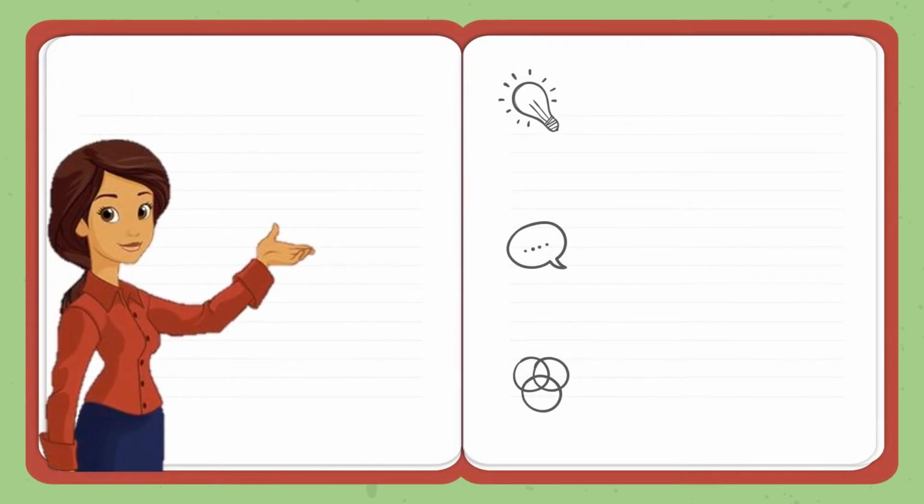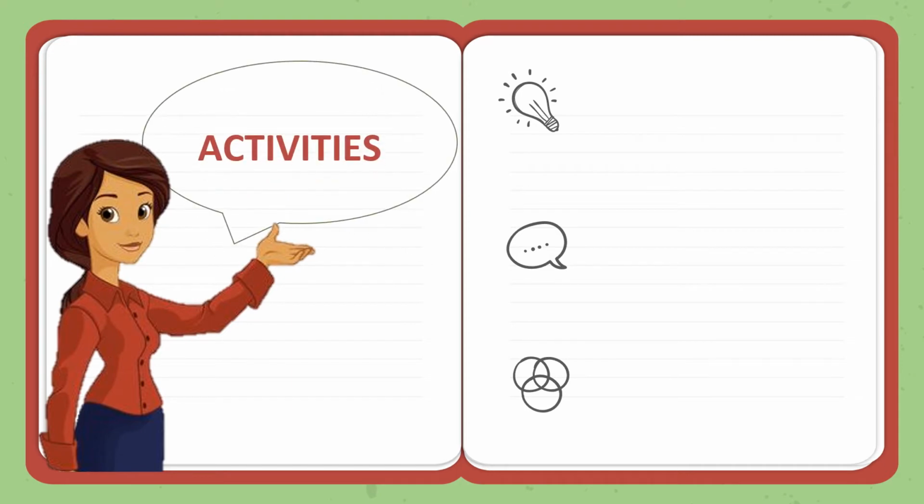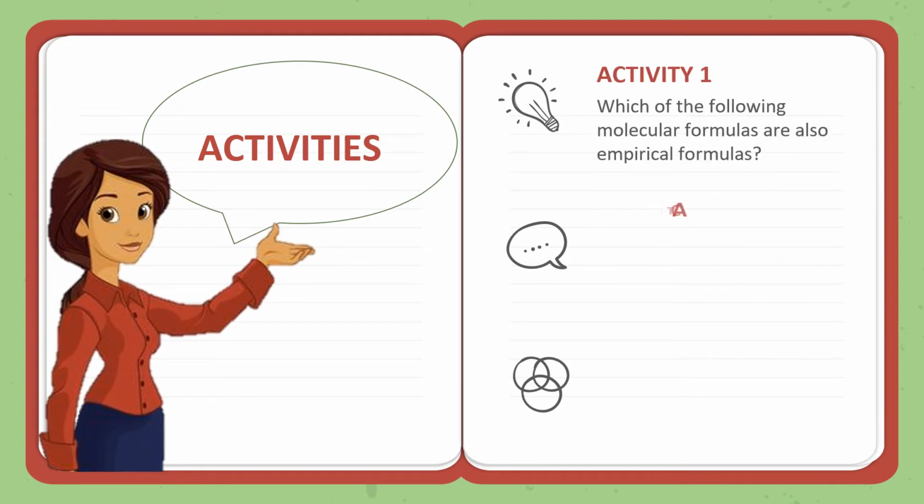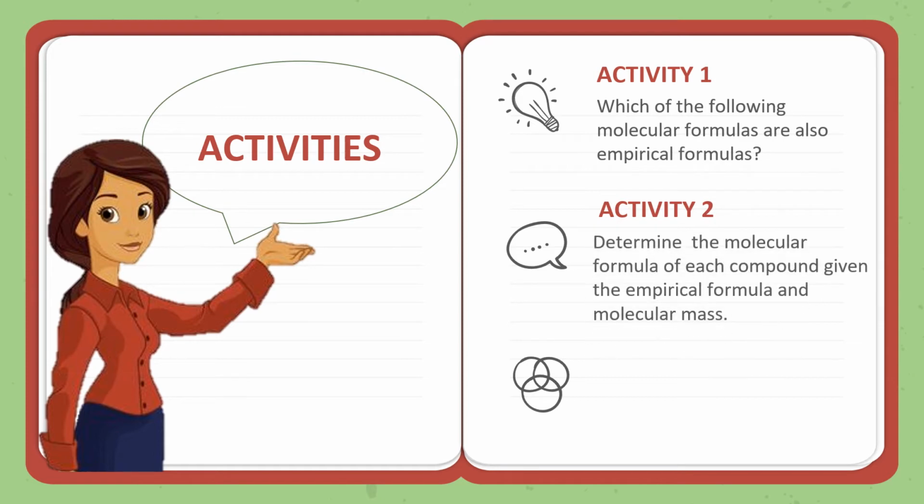So let's now go to your activities on your worksheets, for you to have some more exercises and problem solving involving molecular formula. So you have activity 1, which you are going to determine which are having the same molecular formula and empirical formula.